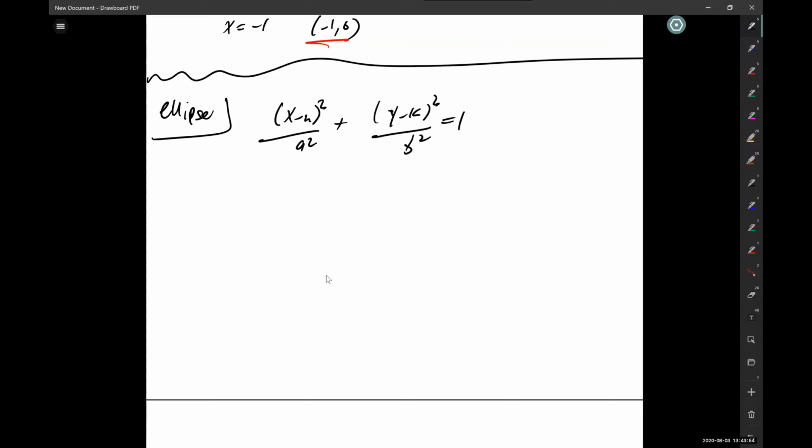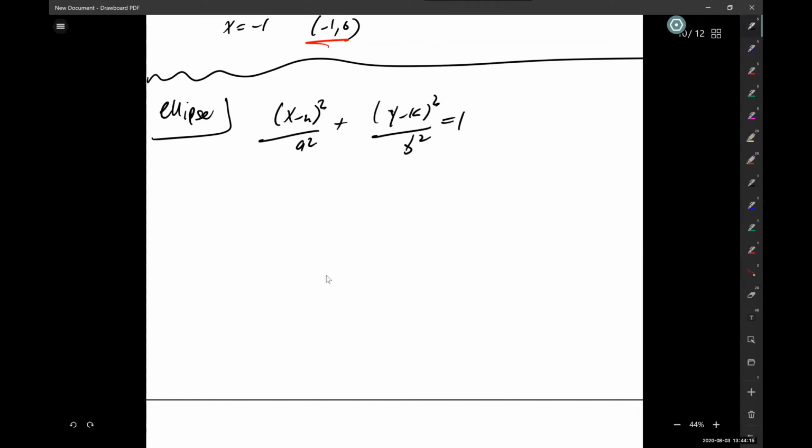So the way we split that up is we always make sure we divide out, make sure that this right-hand side equals 1. And when I do that, those are going to give me these two fractions of A and B, which is going to help me break this down in terms of how far are we moving left and right, how far are we moving up and down from my center.